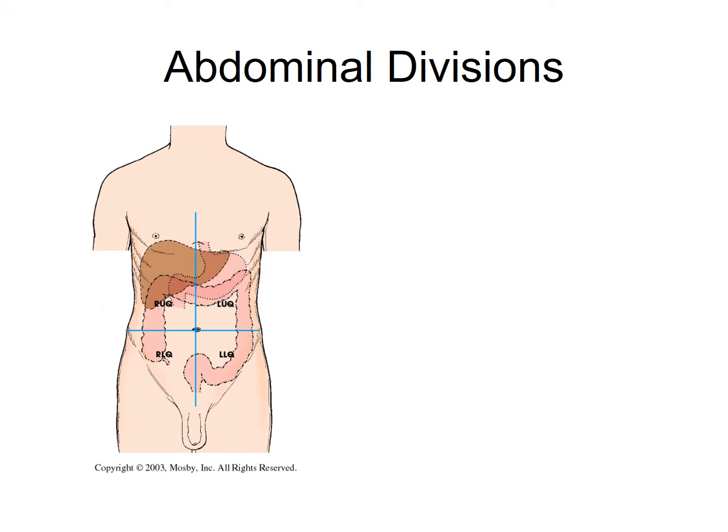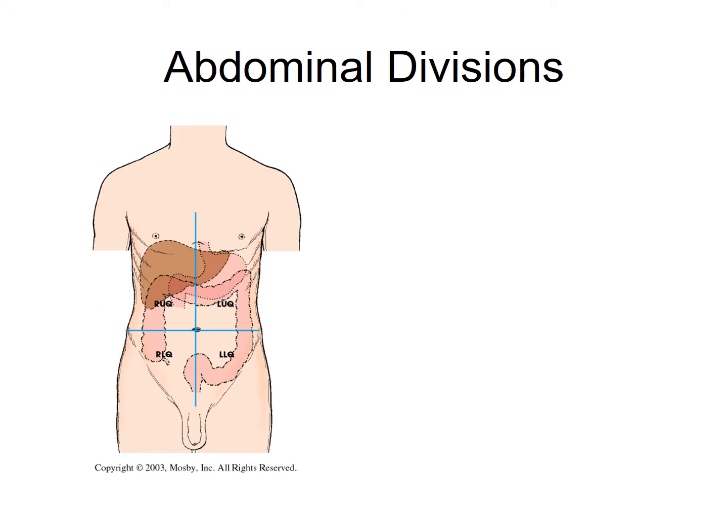And when we have those planes intersecting, then we form four what are called quadrants. And we've got the right upper quadrant, or RUQ, the left upper quadrant, or the LUQ, the right lower quadrant, or the RLQ, and the left lower quadrant, or the LLQ.